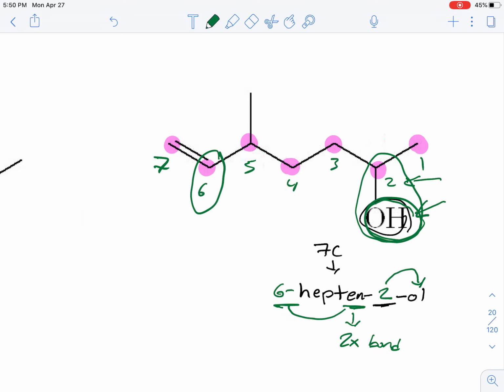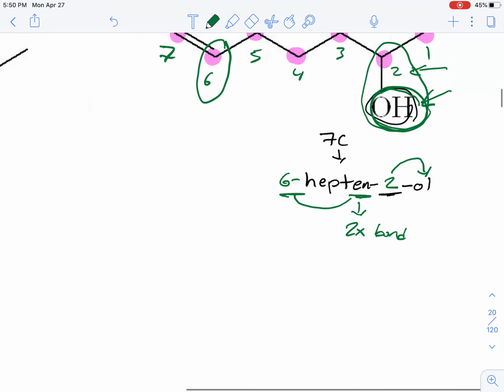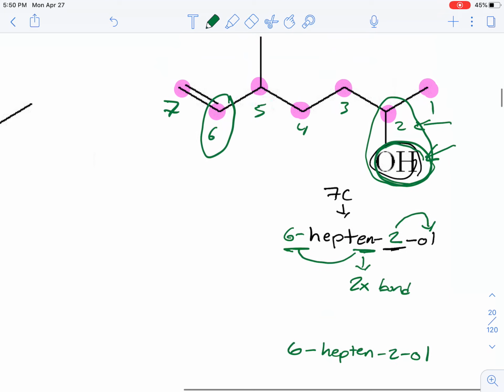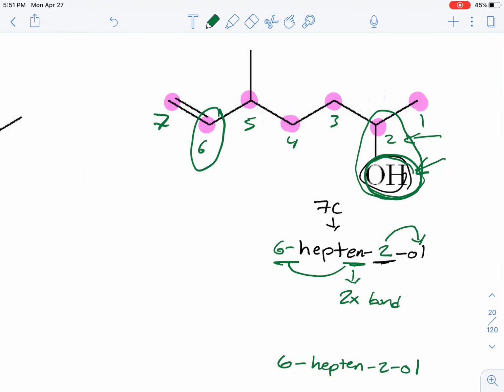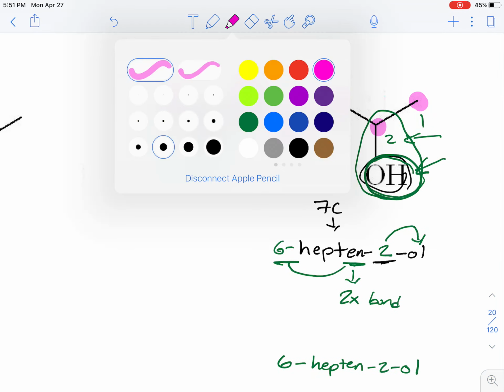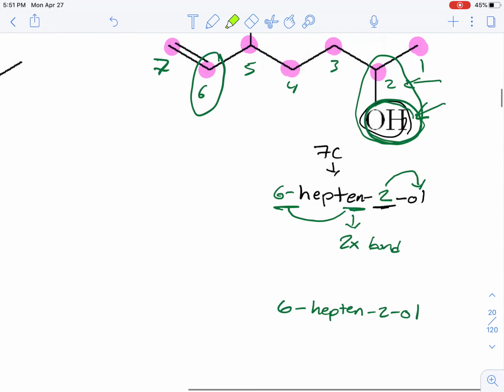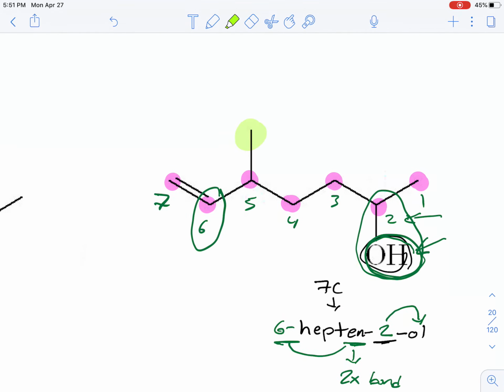Okay. And so if I clean this up, I'll simply get 6-hepten-2-ol. Okay. And so that is the name of the parent chain that contains a double bond and an alcohol. And so everything else that I didn't highlight is going to be your substituent.